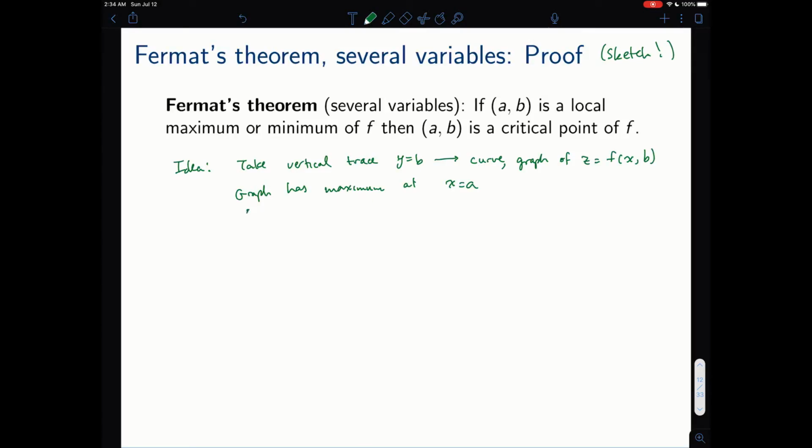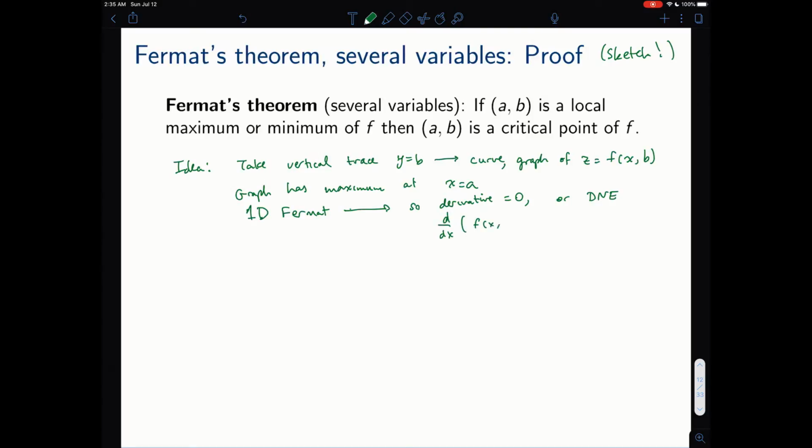And now, by the one-dimensional Fermat theorem, for one-dimensional meaning a function with one variable, and this is a function with one variable, Fermat tells us that the derivative is 0 or does not exist. And what is that derivative?